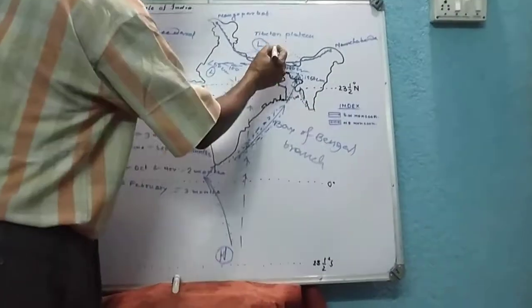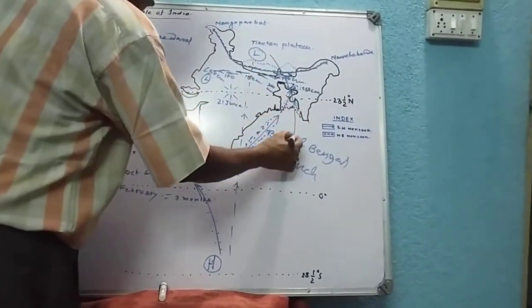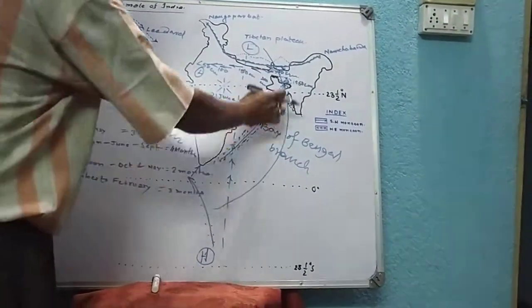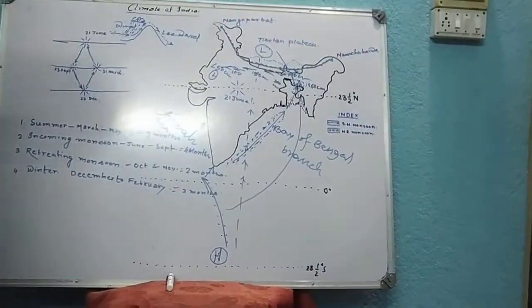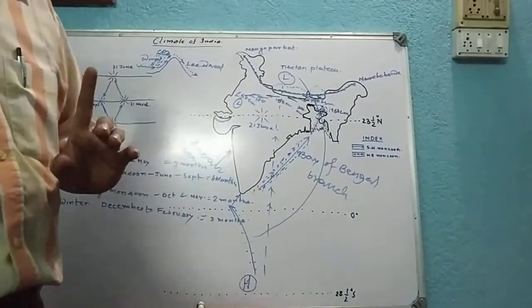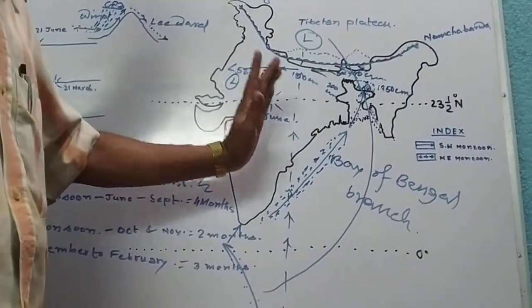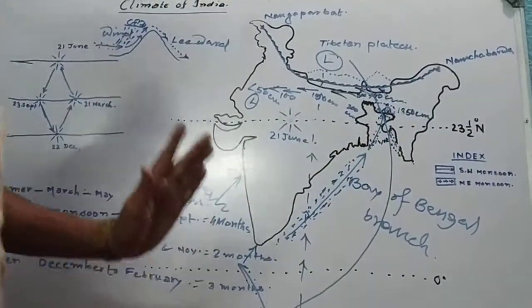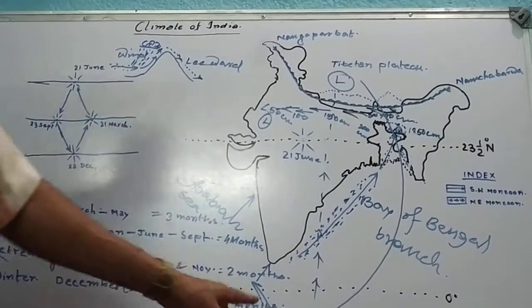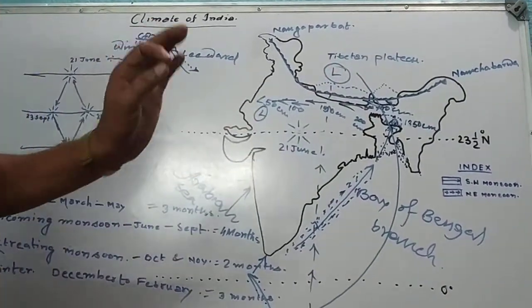Try to follow. In the last class, I mentioned a curve like this. This is called the axis of monsoon. Advancement of monsoon is denoted by these isohyet lines.